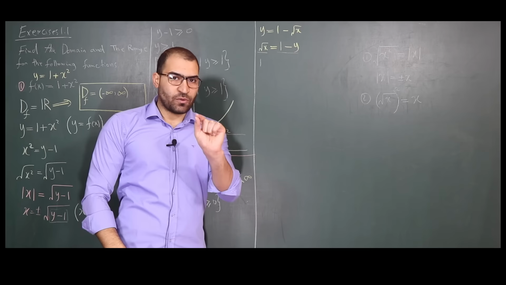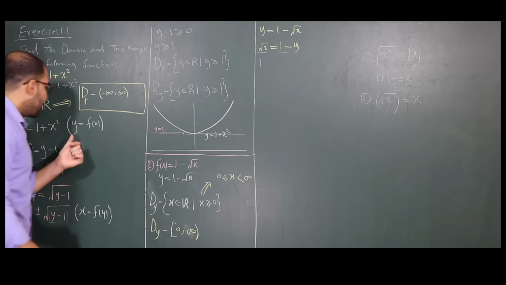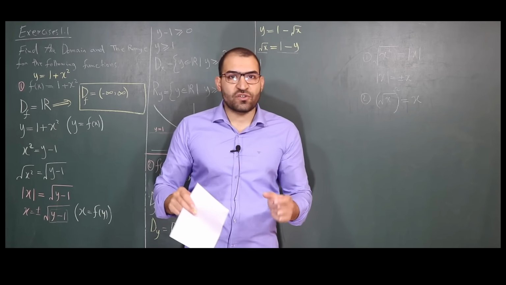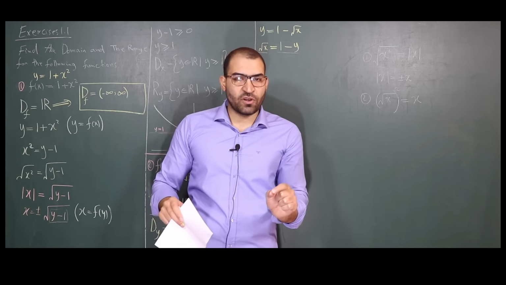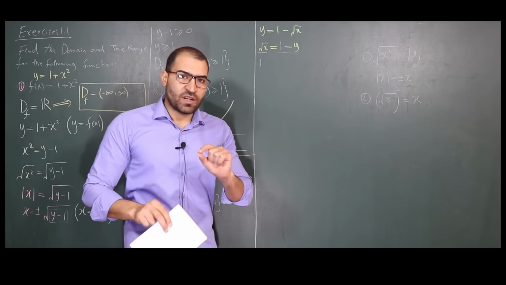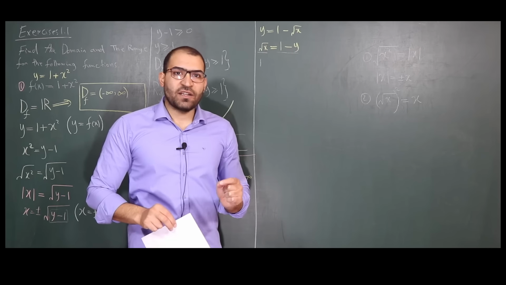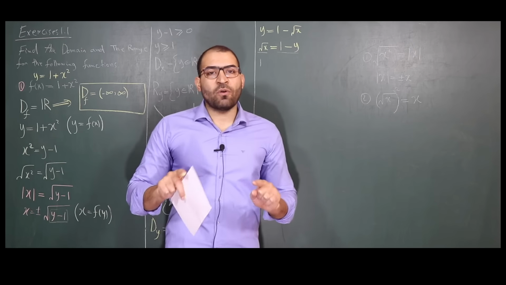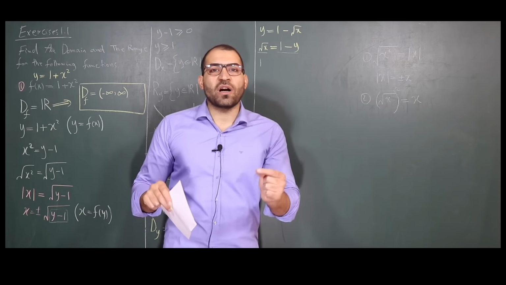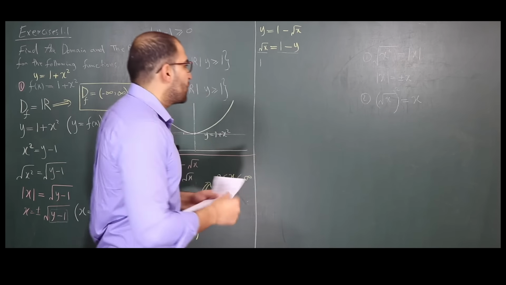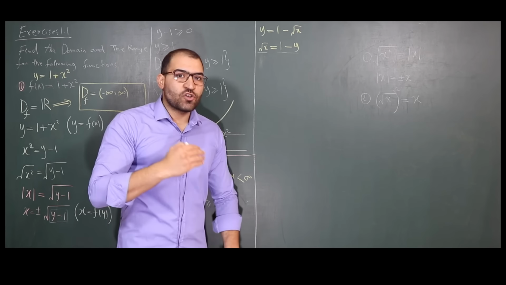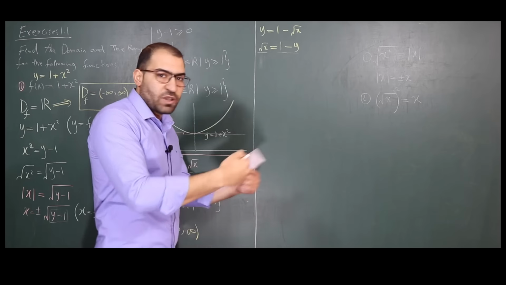I'm going to give you a hint. When I say domain, I need the conditions on the elements x, the input. When I say I want to find the range, I need the conditions that bound the elements y, which is the output. So here I can see the conditions, so I don't have to complete the solution.